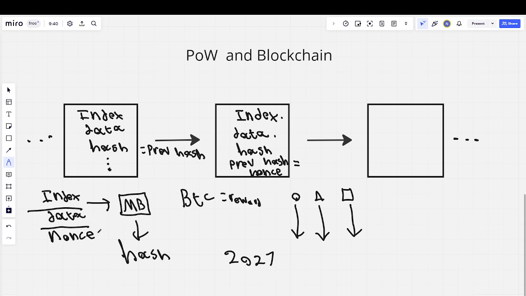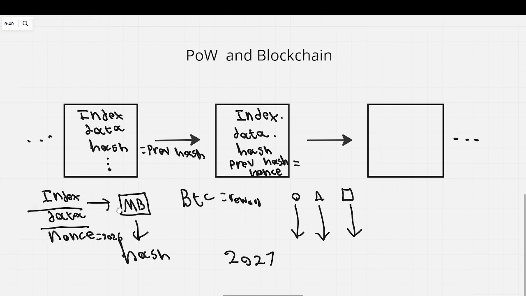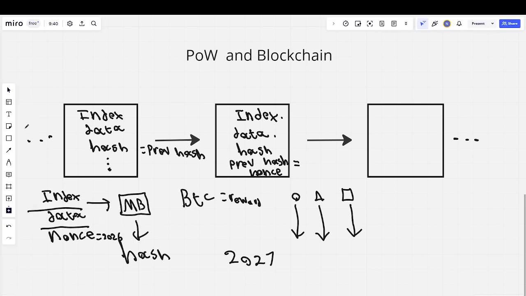So let's say we put this nonce to be 2027. This would output a different hash than if we were to input the number 2026. And it would also be different than if you were to put in 2025, and etc.